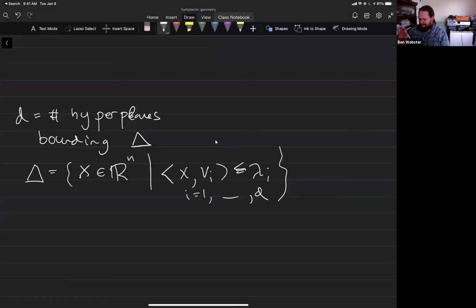And of course, this could always be redundant, and it's actually going to be okay if there are some redundancies here. It ultimately won't change my construction, but you could also imagine taking a minimal set of these inequalities such that if you forget one of them, you get a bigger set.